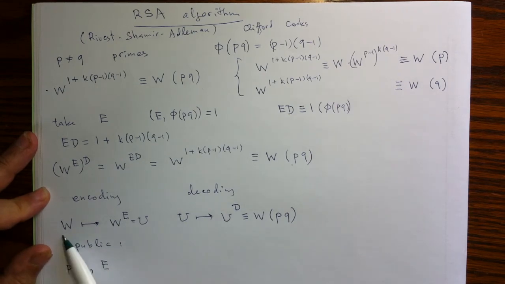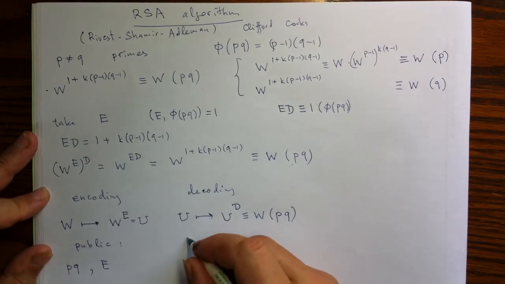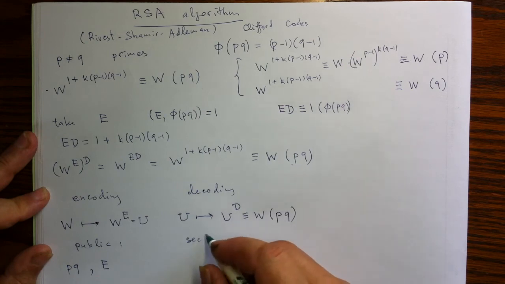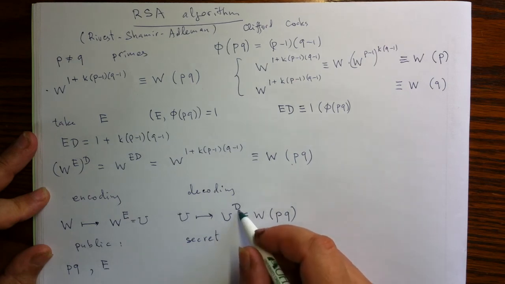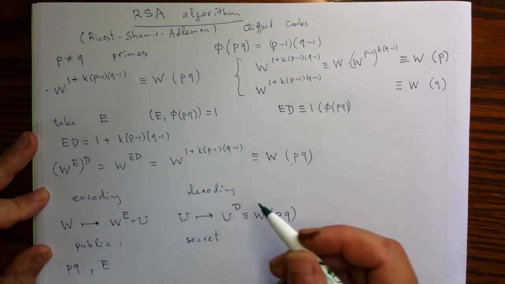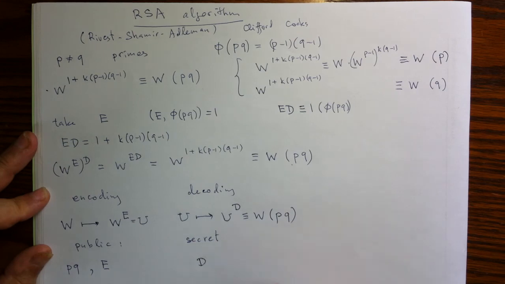So everyone now knows how to take whatever message is to be sent, raise it to this power and reduce modulo P times Q. And then that is this U which is sent across an open communication channel, and then the recipient receives this message, and what he or she needs to know is this power D. So this is kept secret.